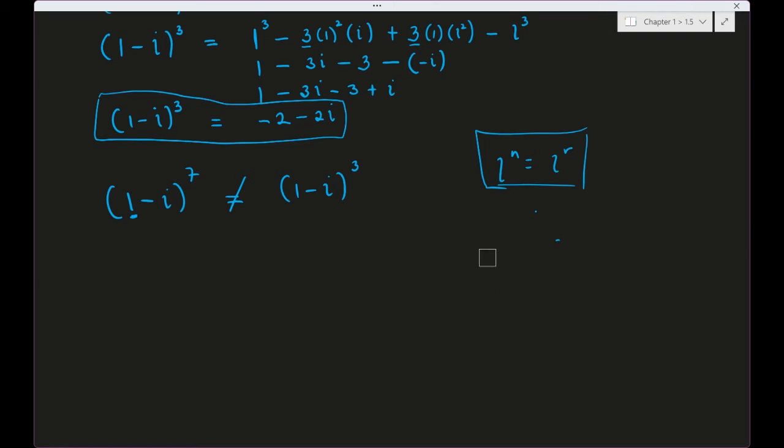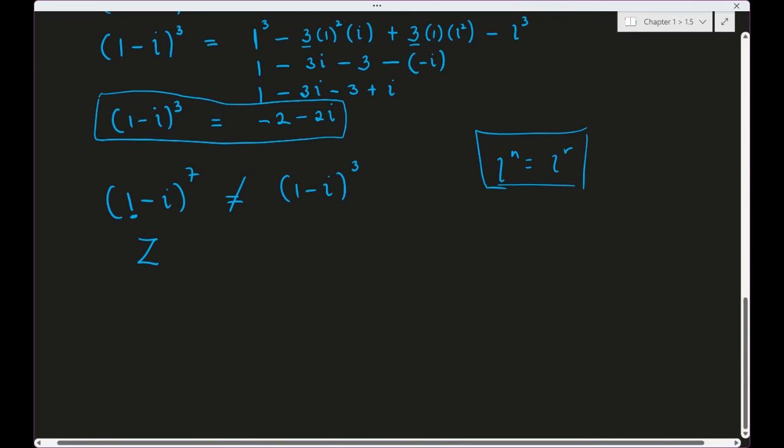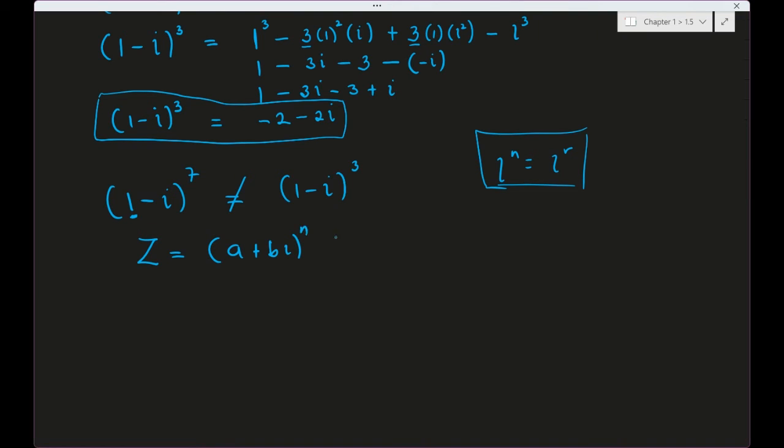So what am I saying? In general, don't do this. If you have a complex number z, where z equals a plus bi, then z to power n is not the same thing as (a + bi) with the power reduced. No, this is not true.